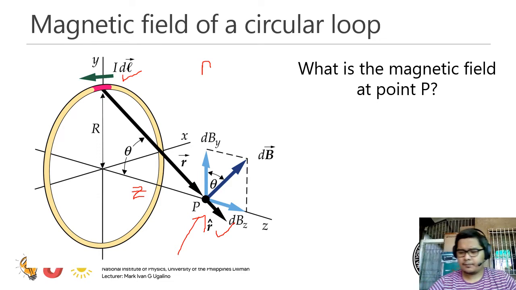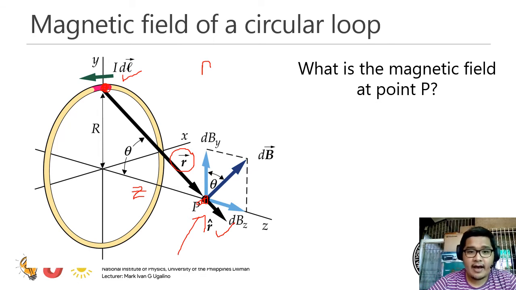So, for example, this is the vector that I was referring to. We can think of this vector as the position of point P with respect to an origin that is located at the source.